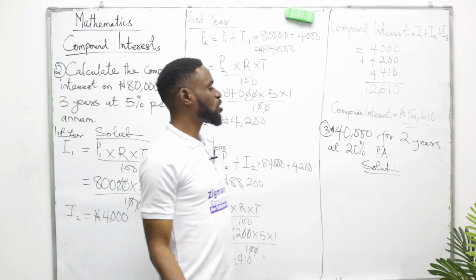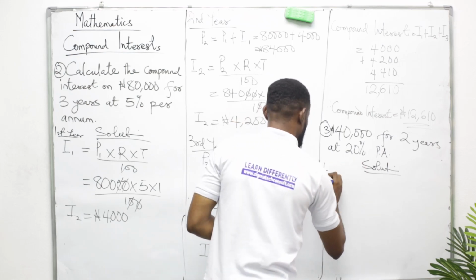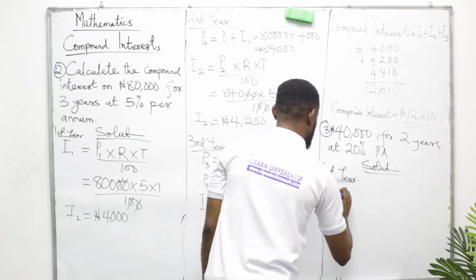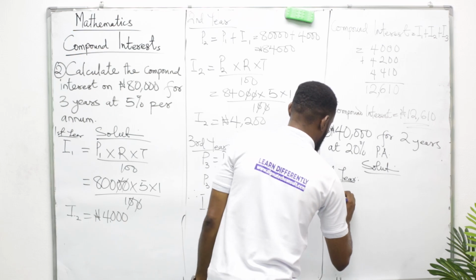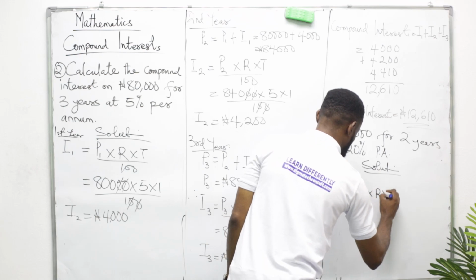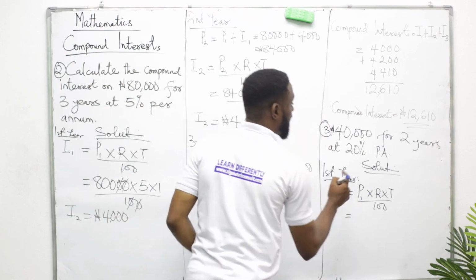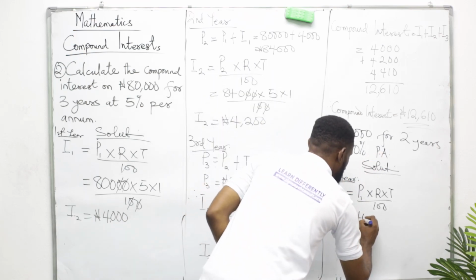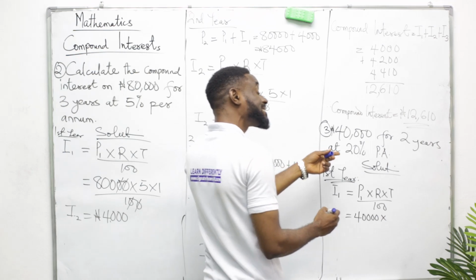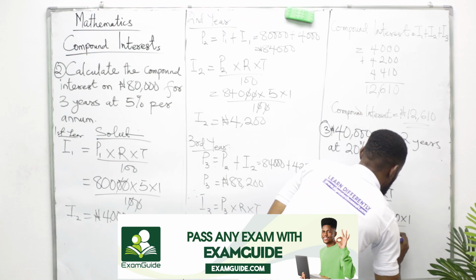all right. Of course, we have 2 years, so we don't have so much work here. The first year, the simple interest of the first year is equal to the principal of the first year times rate times time all over 100. So our P1 is 40,000 naira, multiplied by 20%, times 1, all over 100.